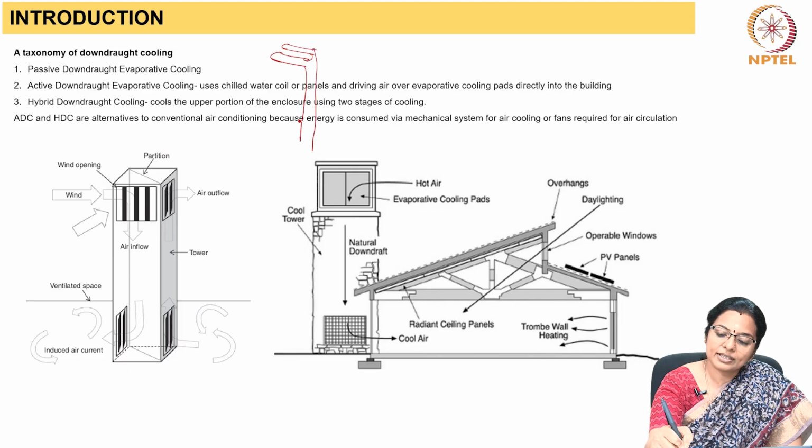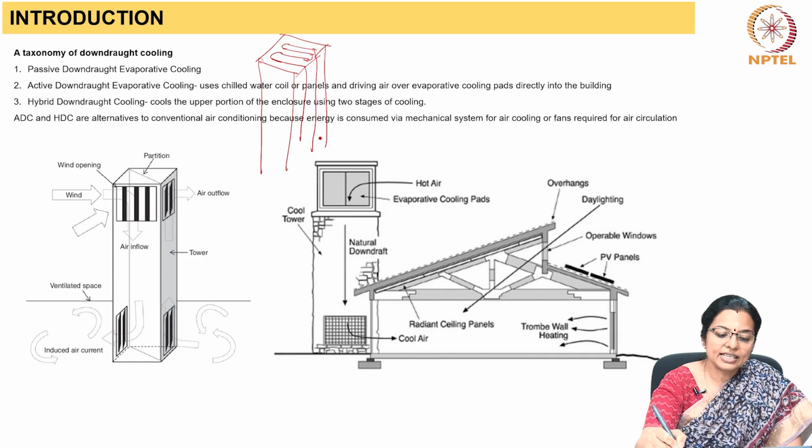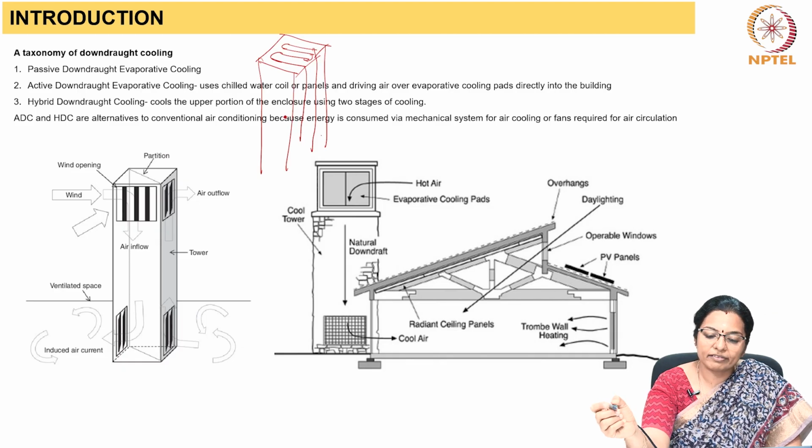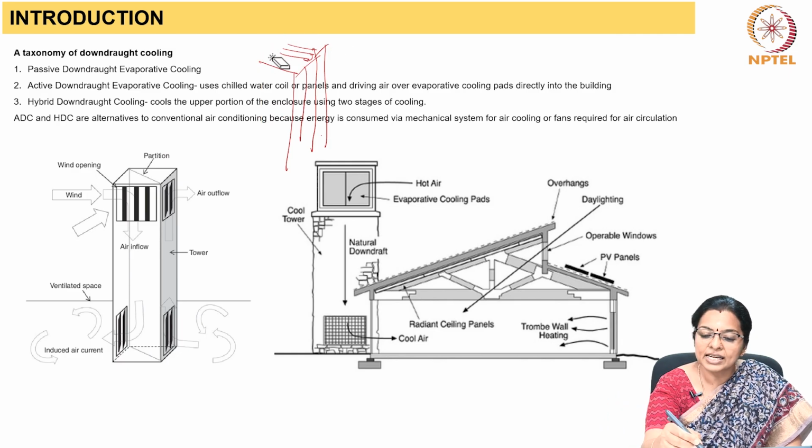If you remember this, the chilled water pipes, these become active downdraft evaporative cooling, or sometimes panels and driving air over evaporative cooling pads directly into the building.